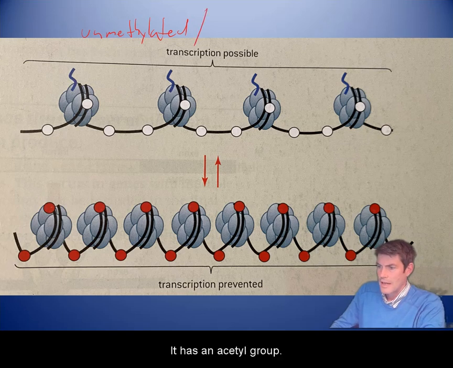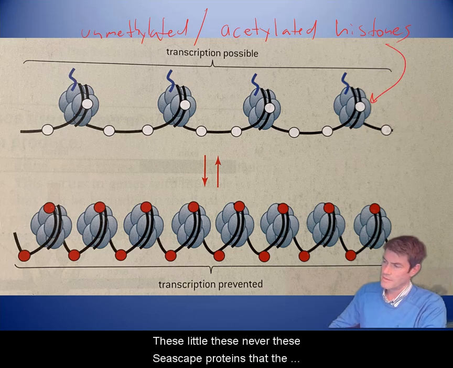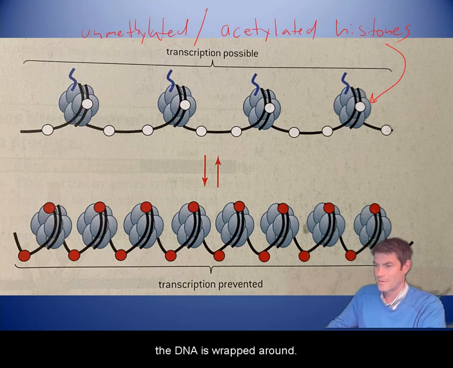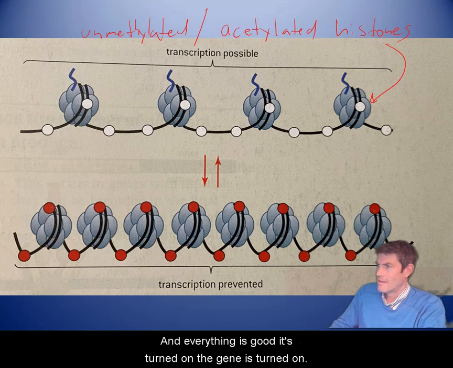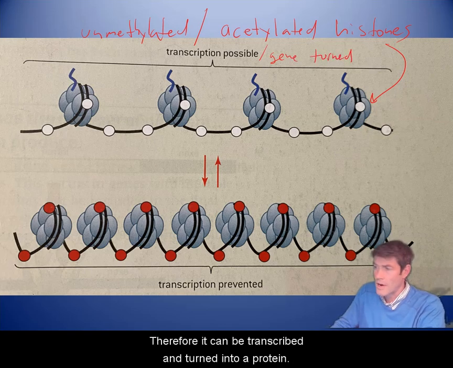It has acetyl groups on the histone proteins, which are these 8 proteins that the DNA is wrapped around. And everything is good. It's turned on. The gene is turned on. Therefore, it can be transcribed and turned into a protein.